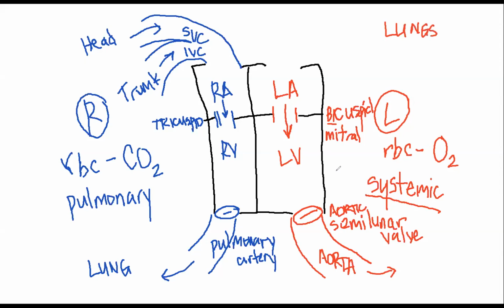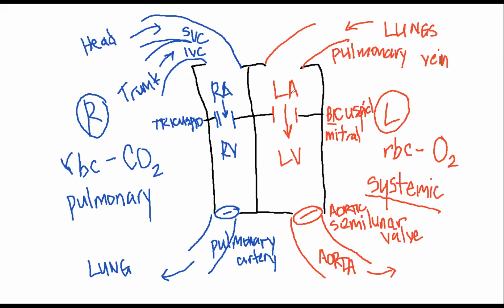And just to recap, the lungs will pick up oxygen. And of course, a vessel going back to your heart is a vein. So the lungs are going to bring oxygen. If this is the pulmonary artery, this has to be the pulmonary vein. And we ended up right back where we started.